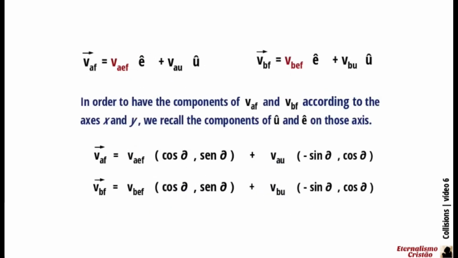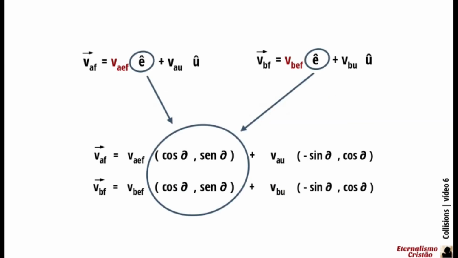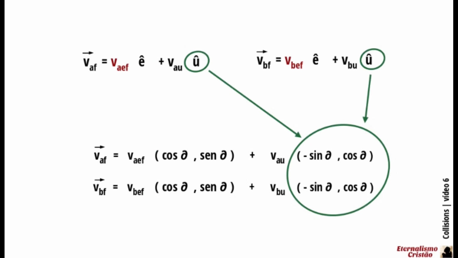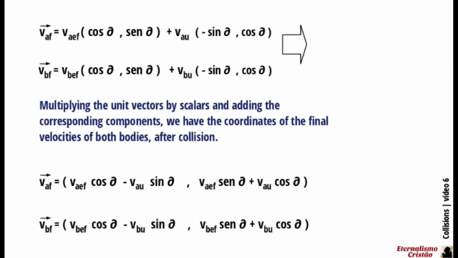In order to have the components of VA final and VB final, according to the axes x and y, we recall the components of U and E on axis x and axis y. Multiplying the unit vectors by scalars, and adding the corresponding components, we have the coordinates of the final velocities of both bodies, after collision, in the x and y axes.